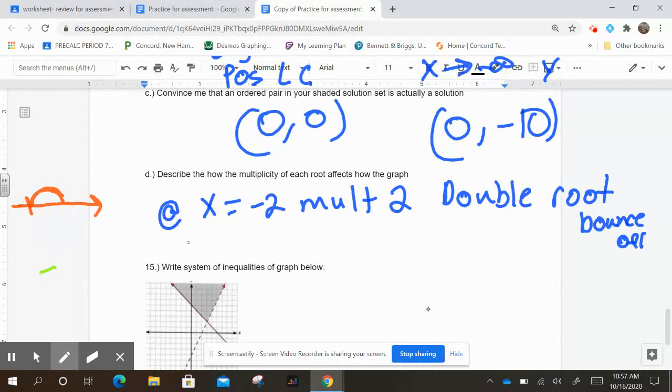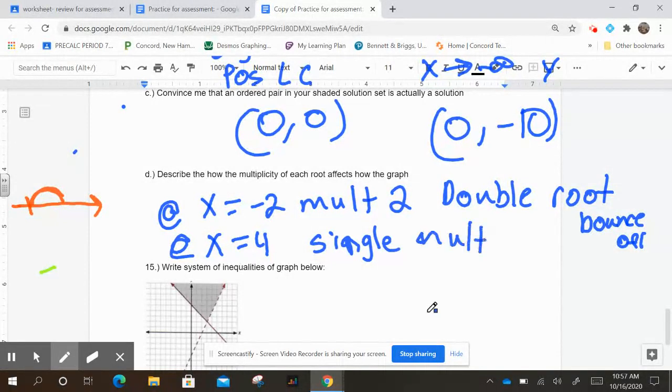At x equals 4, it's a single root, multiplicity of 1, and it goes straight through. The one that we had for warm up the other day was a triple root where it went through, but it flattened out a little bit.